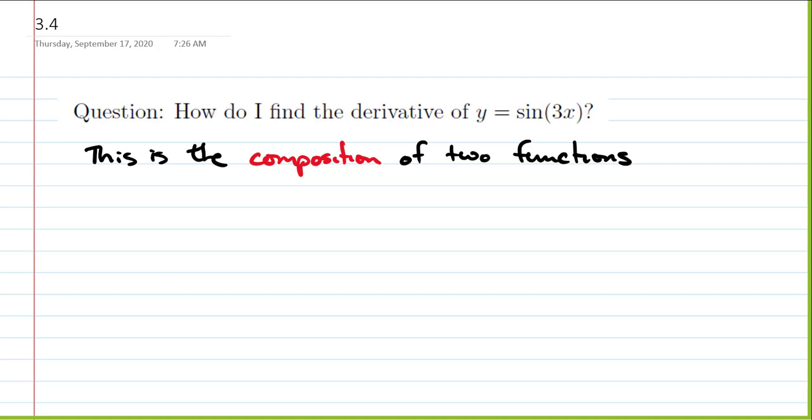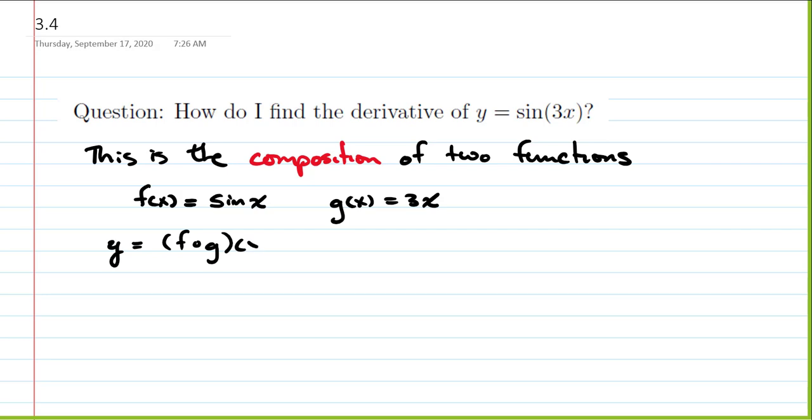So in terms of this, if we said f of x is going to be sine x, and g of x is equal to 3x, we would have y is equal to f circle g of x.